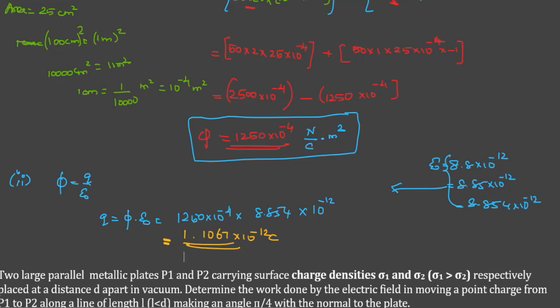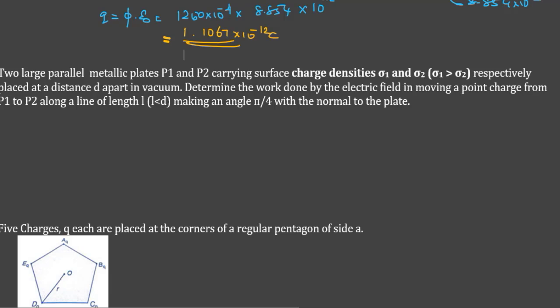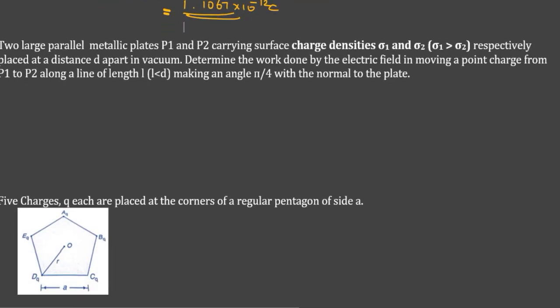So now I am moving to concept number 12. So we'll read the question. Two parallel metallic plates P1 and P2 carrying surface charge density sigma 1 and sigma 2. They mentioned sigma 1 is higher and sigma 2 is lower, respectively placed at a distance d apart in vacuum.